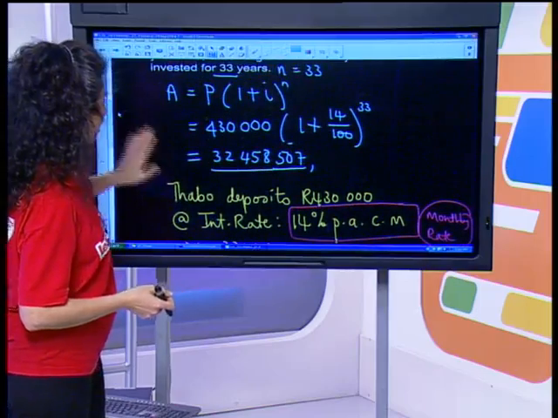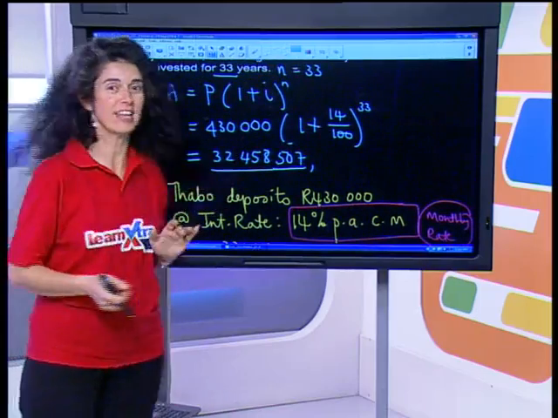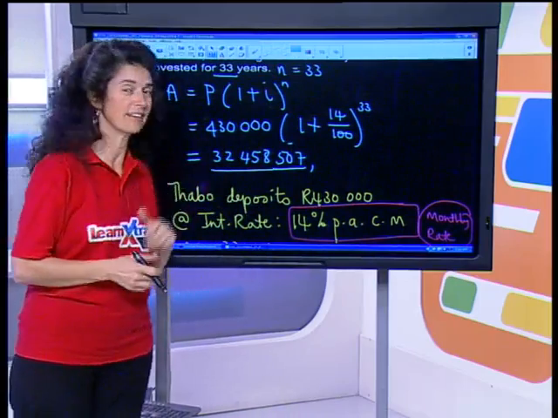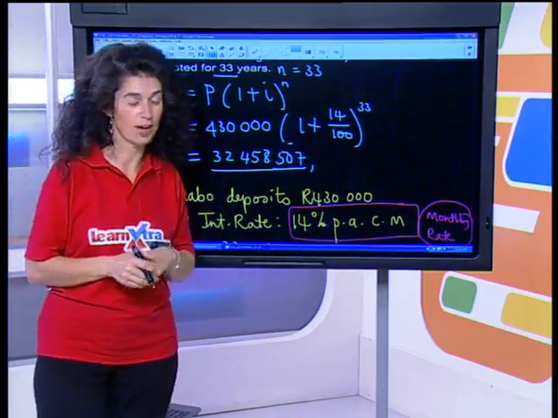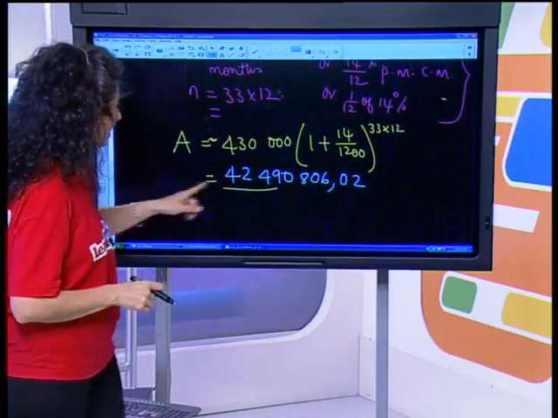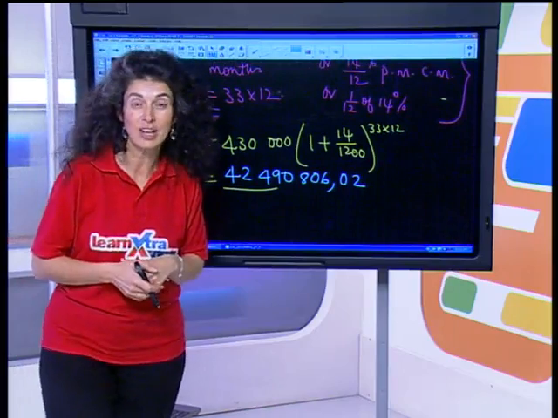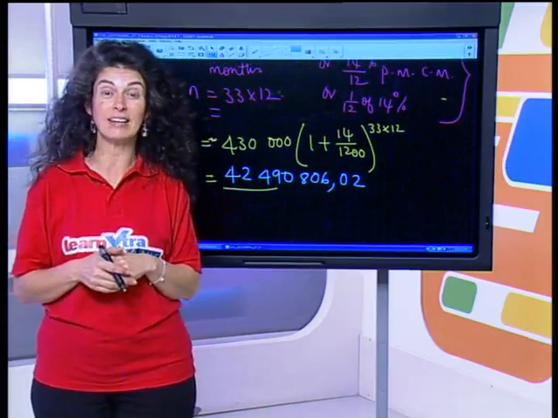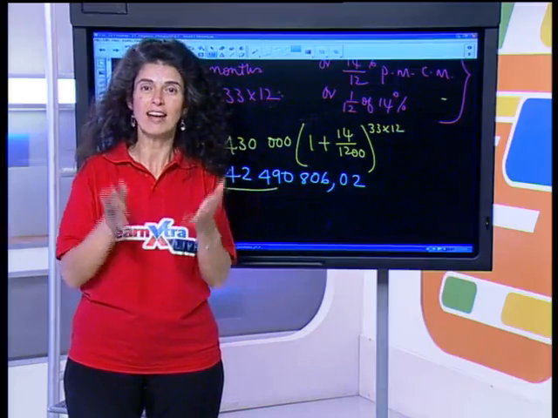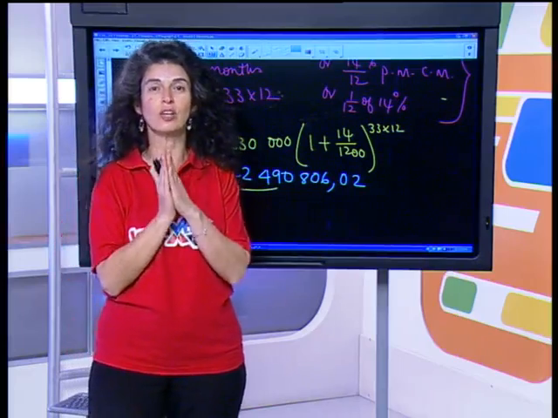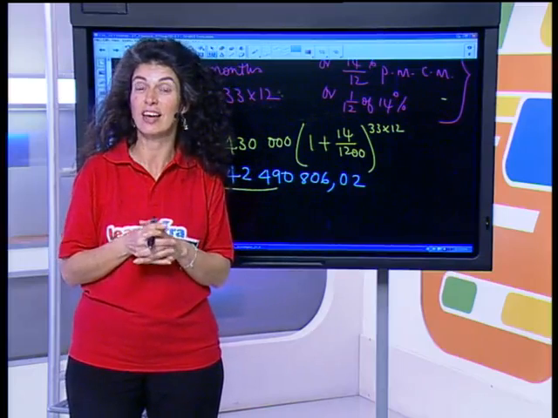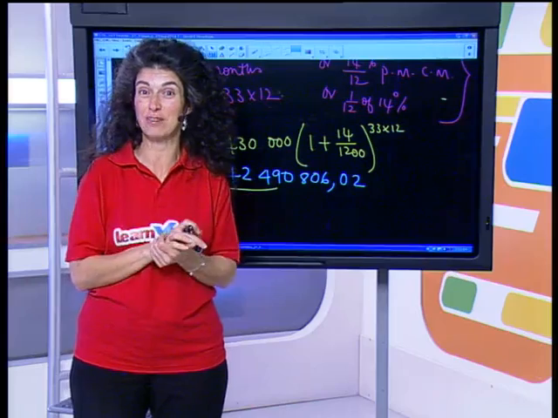We had 430,000 grew to 32 million over 33 years. But wait, look what happened if you compounded monthly. It grew to 42 million. So it grew by another 10 million. So the idea is, if you're going to invest money, try and find an investment institution that will invest your money over every month, because the best rate is to actually get it over a month.